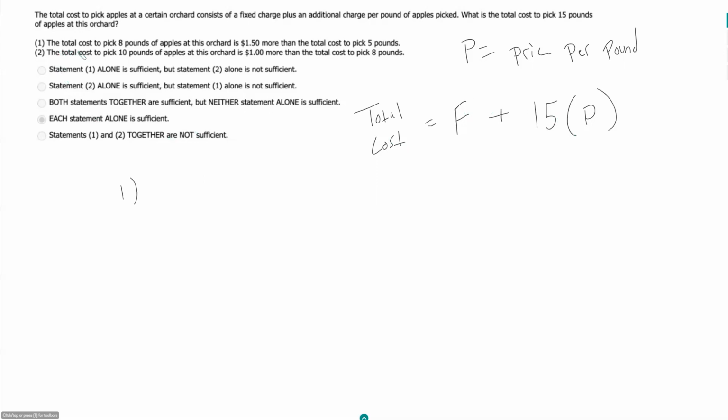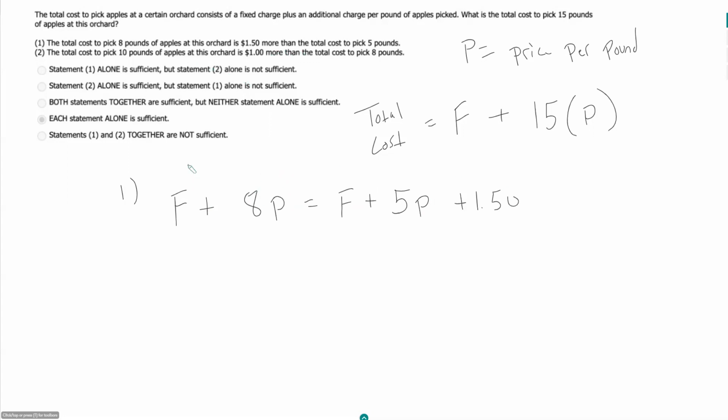So statement 1: the total cost to pick 8 pounds of apples at this orchard is $1.50 more than the total cost to pick 5 pounds. So what is this saying? It's saying my fixed cost plus 8 times the price per pound is equal to my fixed cost plus 5P plus an additional 150.